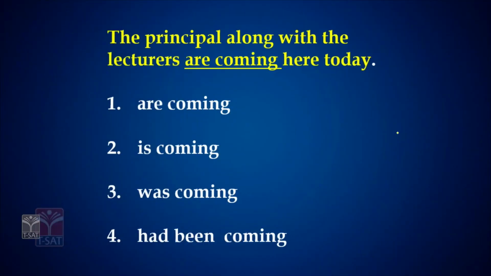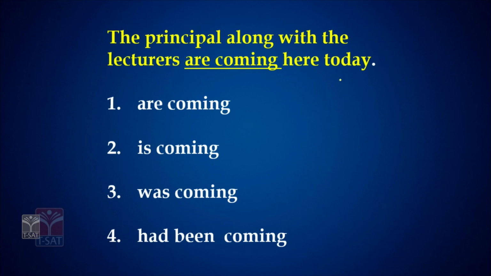So, you can say the principal and the lecturers are coming here today is a good sentence, but we cannot go beyond the underlined part, you cannot change the principal along with the lecturers. You can see which is the main part here in this phrase, the principal is the main part. So, since the principal is singular, it should agree with the singular feature.